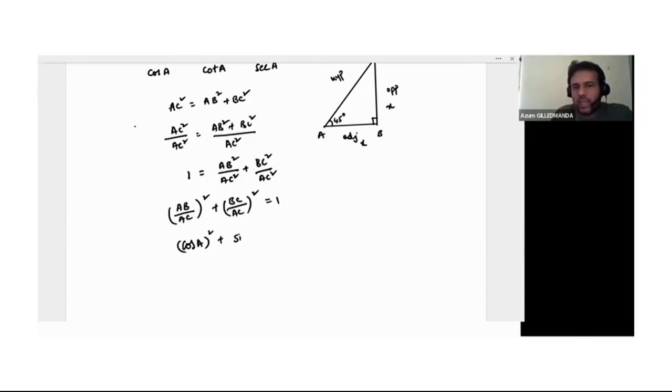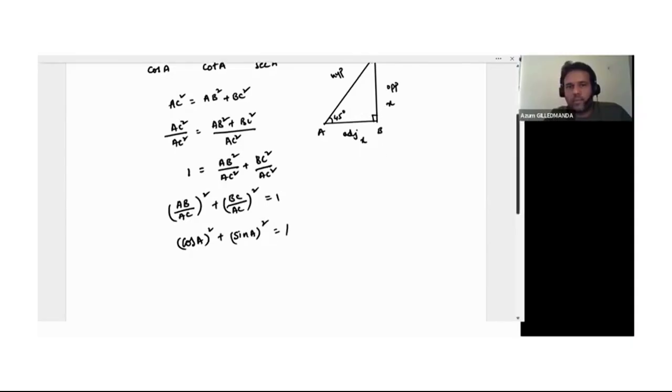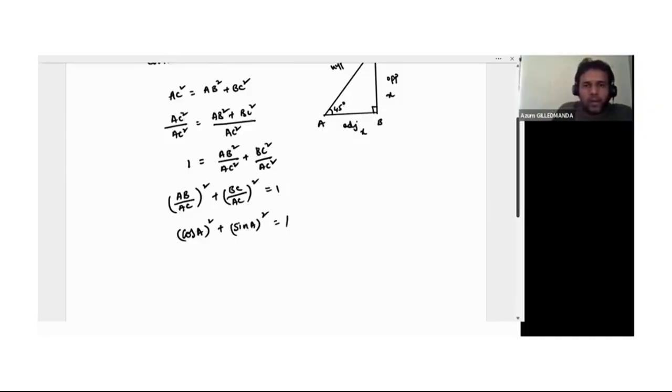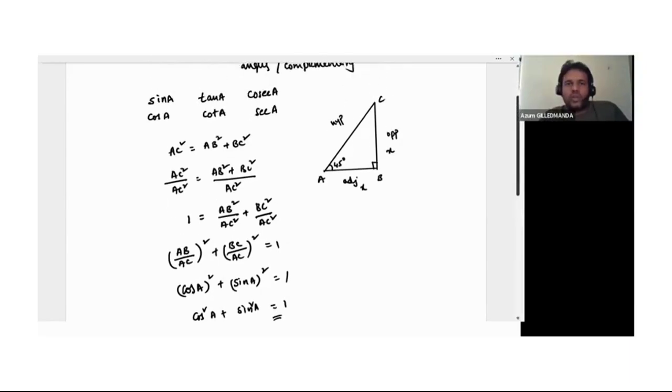So can I write this as sin A whole square, that equal to 1. Now, this is like cos square A plus sin square A becomes 1. This is one of the trigonometric identities. I think we move on to the identities.